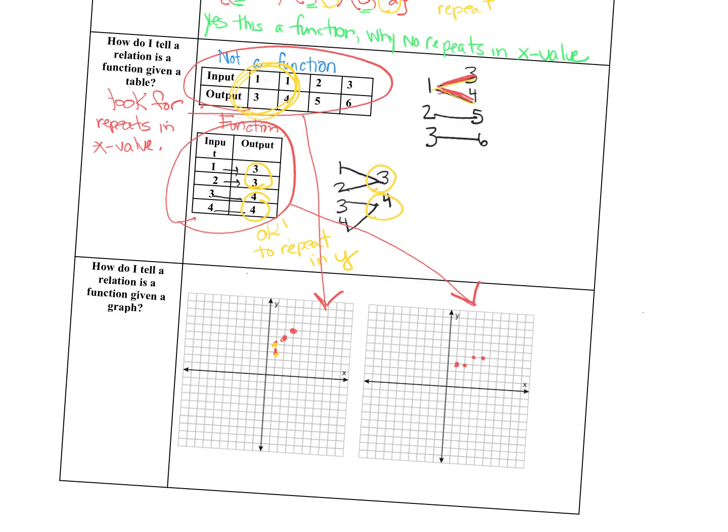And so how we tell a relation is a function is to look at the vertical line test.